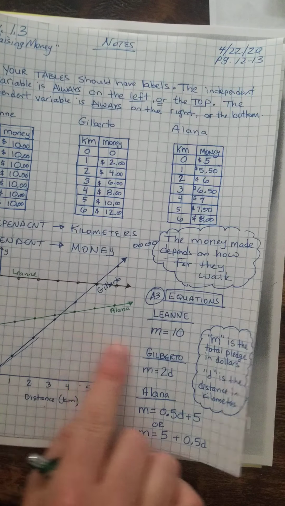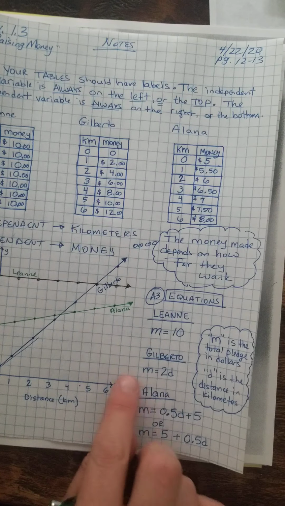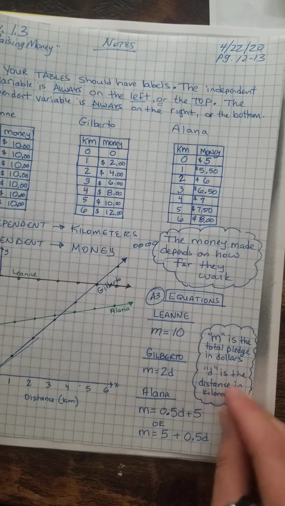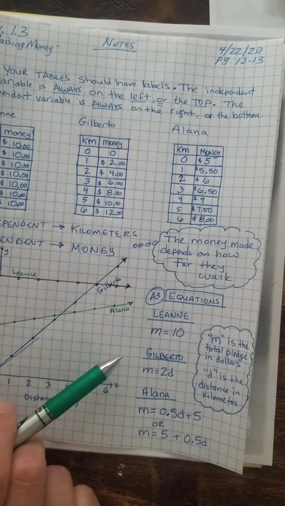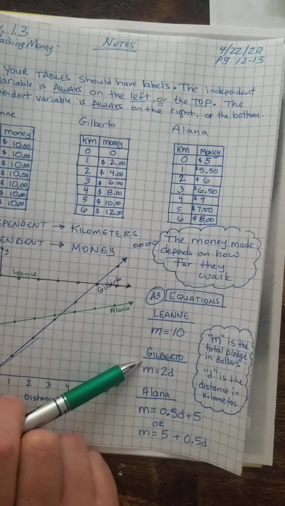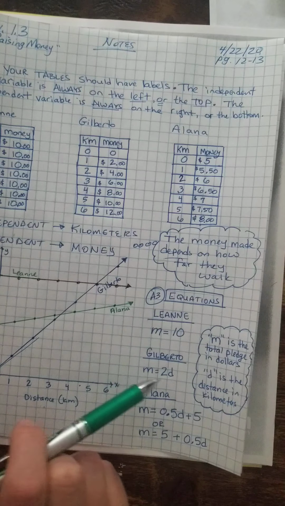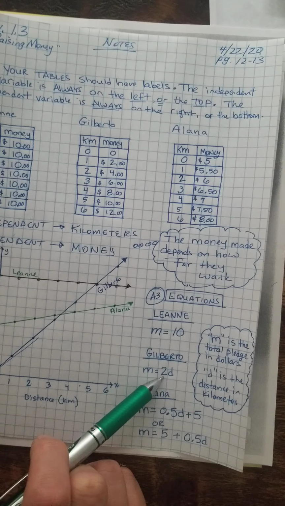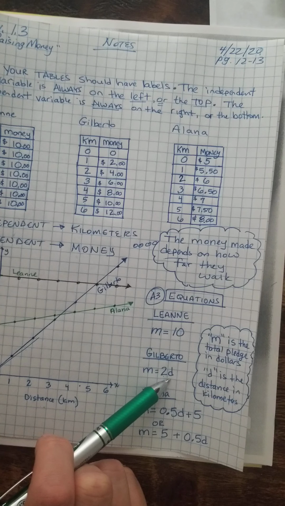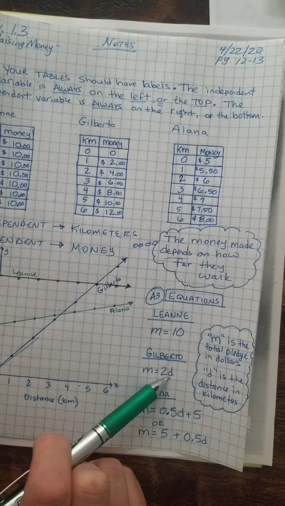So for example, if we focus in on Gilberto's equation, which I think most people got correct because it's very, very similar to what we've been doing, we have the money is equal to $2 times the kilometers, the distance, that he walks.